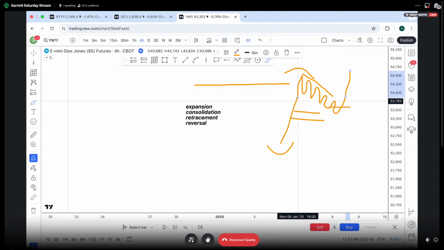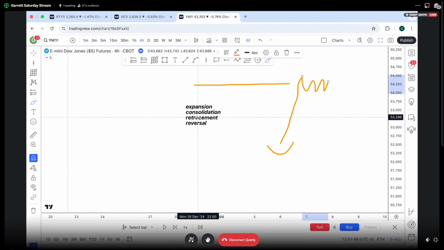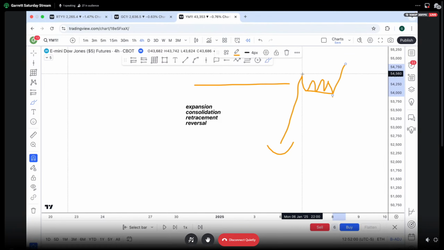So it's really just expansion, retracement, expansion, or we get consolidation, right? This is also another continuation here. Price is not likely to do this. It's not likely to reverse from failure swings. So the ideal scenario is we take out this side of the range, then expand to this side of the range. But price doesn't have to manipulate here.